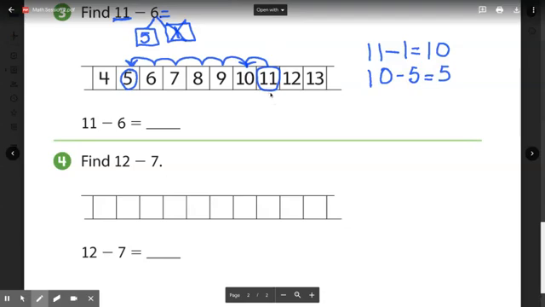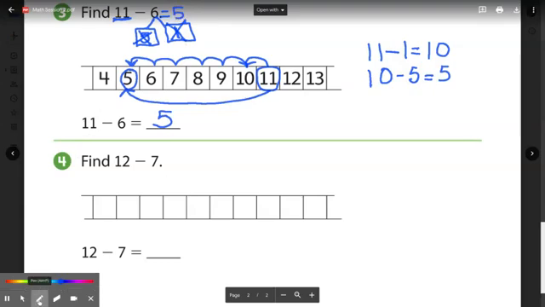So if we started all the way at 11 and we took away the 6, 1, 2, 3, 4, 5, 6, our answer would be 5. Very good. And we did subtract that one. Nice job, friends. And you can write it up there too.